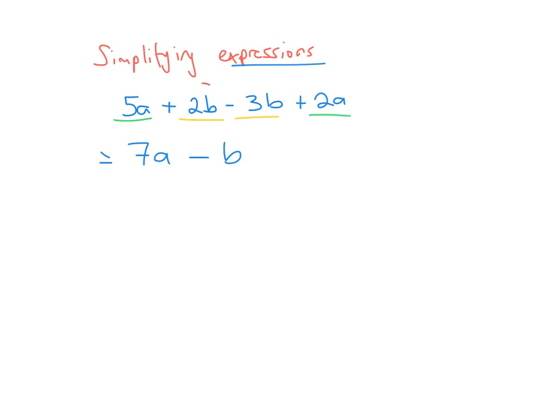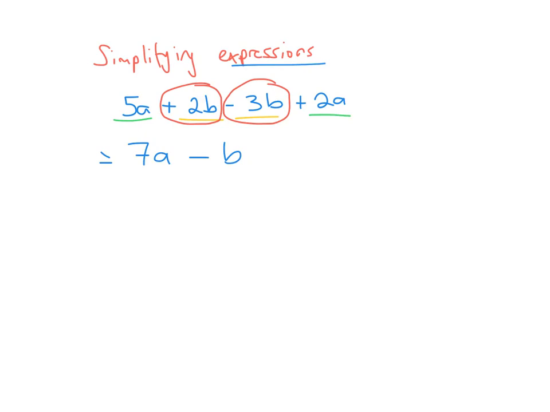What we do is we look at the fact that this is plus 2b and this is minus 3b. So it's almost like saying 2 minus 3, which we know gives us minus 1. And that is the minus 1 there. We just don't bother writing the 1 because in algebra we just leave it as the variable when it's 1 or minus 1 for that matter. But again, just use that to help you.